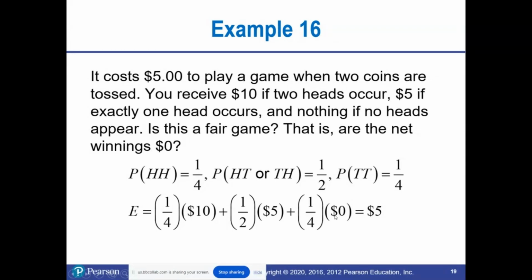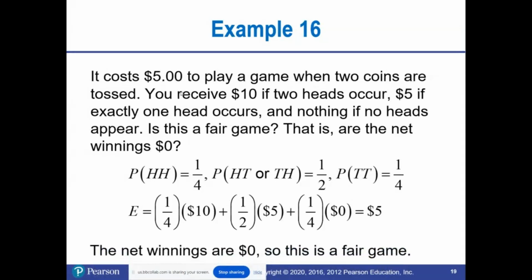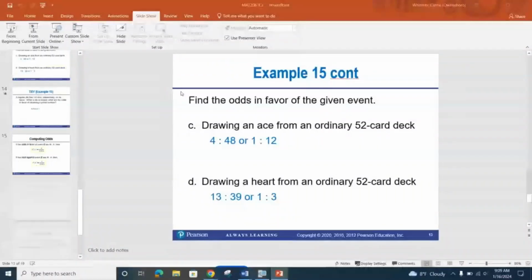So if you multiply this out on your calculator, 1/4 times 10 plus 1/2 times 5 plus 1/4 times 0, you end up with $5. Okay. So if you win $5 and you paid $5 to play the game, then that was a fair game because your net winnings are 0. And that is it.